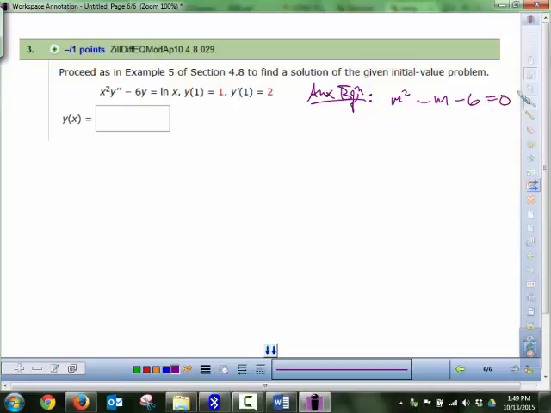So if you want to verify this, assume that your solution is y is equal to x to the m, and put x to the m into this differential equation by taking a couple of derivatives and then solving for m. So it looks like m minus 3 and m plus 2 would work. So this gives you an m that's positive 3, and this gives you an m that's negative 2.